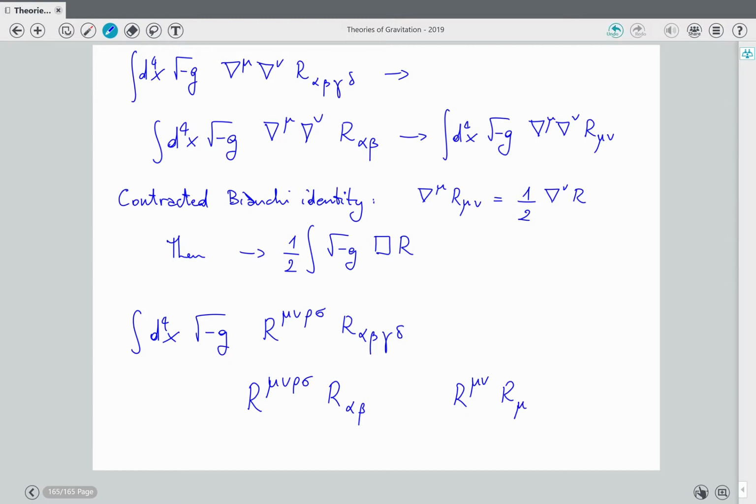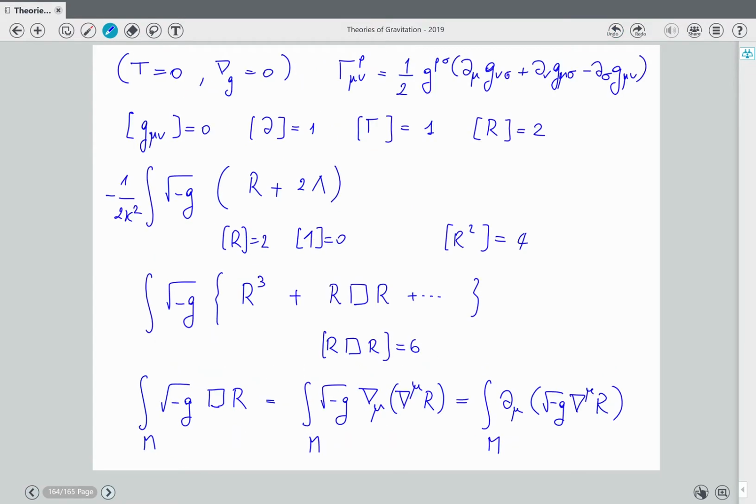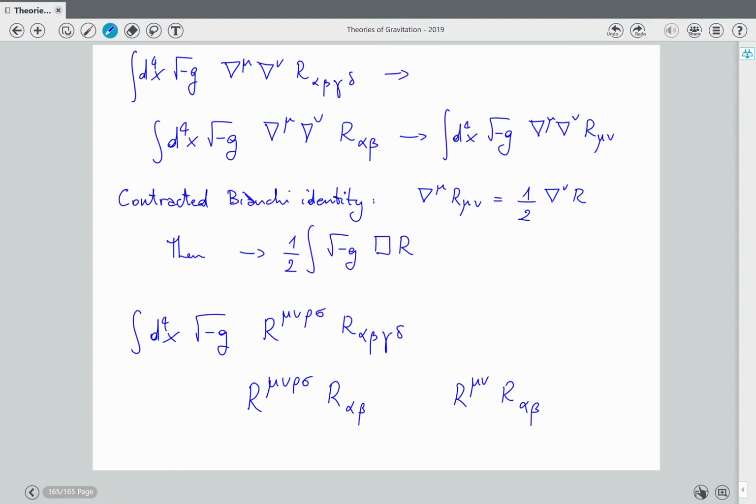And then the only possibilities you have to contract the indices of two Ricci tensors are the ones we have already written, R squared, R mu nu R mu nu. So it's sufficient now to consider two Riemann tensors where the indices are contracted not within the same Riemann tensor. All indices mu should be contracted with some index there, it doesn't matter which one.